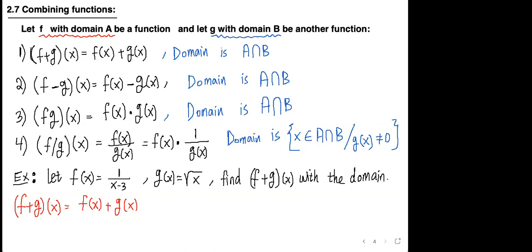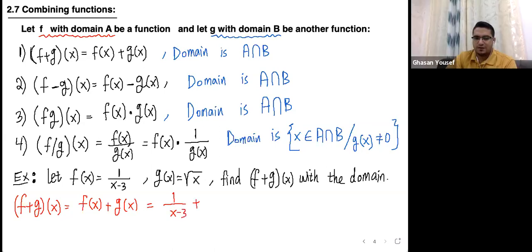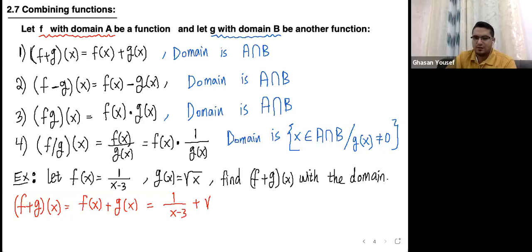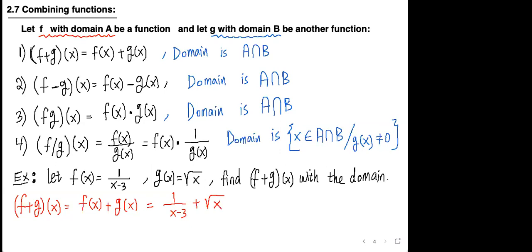From the example, it would be 1 over x minus 3 plus, you will put a parenthesis, plus the square root of x, if I'm correct. Yes, the square root of x. This is correct. Thank you.